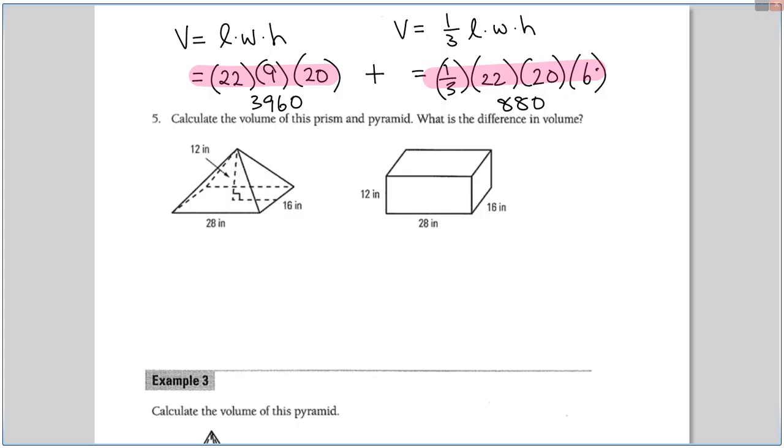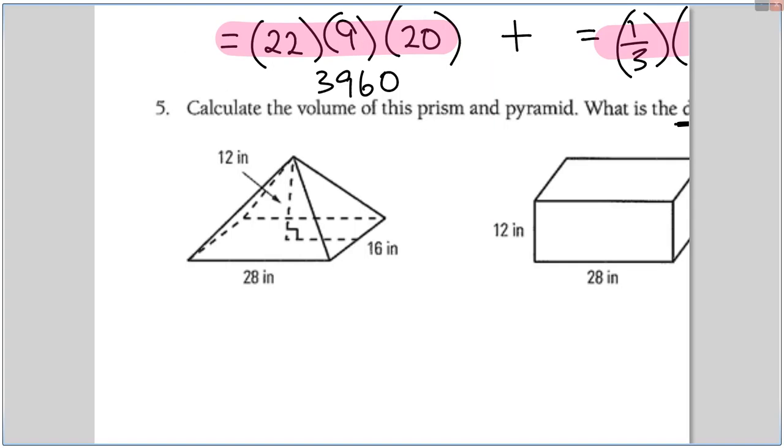Okay, next. Calculate the volume of this prism and this pyramid. What's the difference in volume? So what does it want when it asks what's the difference? You just subtract the answers. Okay? Did they give you the right height for this shape? They gave you the height at 90 degrees. So that's the good height. So all you'd have to do is 28 by 16 by 12, and then at the end all you have to do is divide by 3.